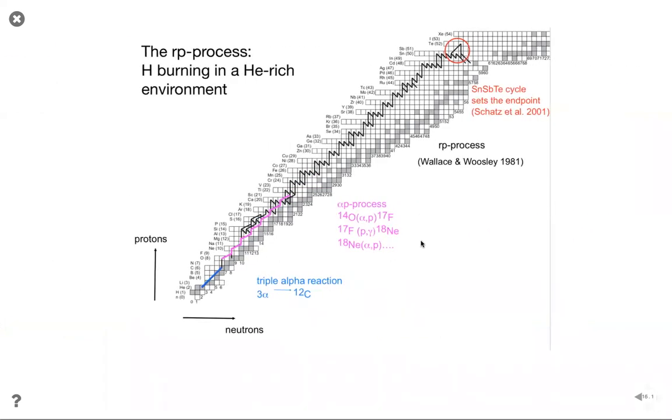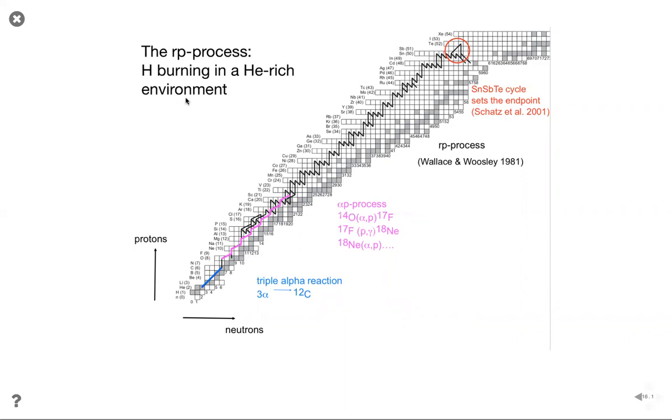Finally, this is the last slide of this introduction to X-ray burst physics. It shows a fragment of the chart of nuclides, from neutron and hydrogen up to xenon. The filled boxes are stable nuclei, so this is the valley of stability.